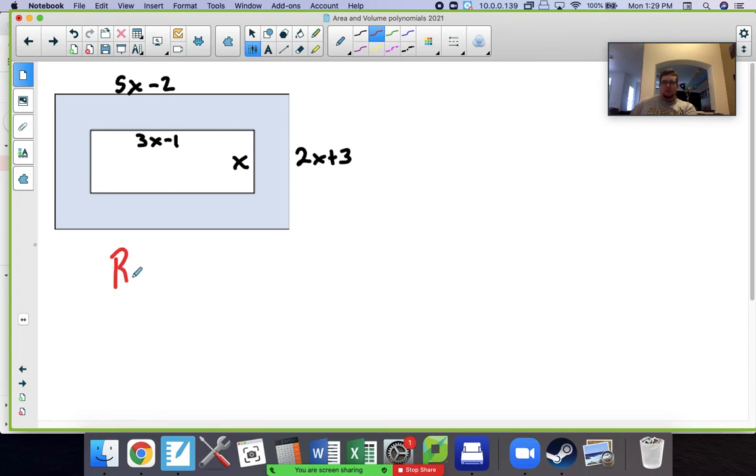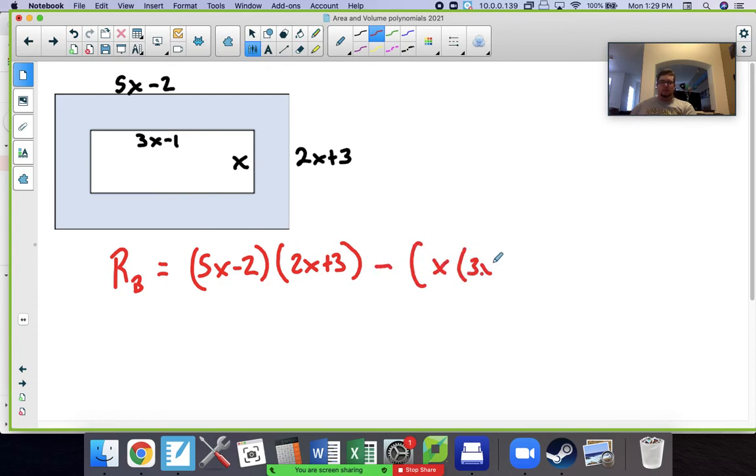So if I take the rectangle that's big, that's 5x minus 2, 2x plus 3. We're then going to subtract x times 3x minus 1. So actually I should just change this entirely since I wrote it out in 1. Total area is the large rectangle minus area of the small rectangle.